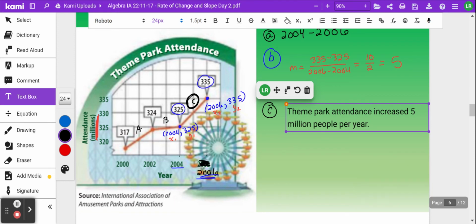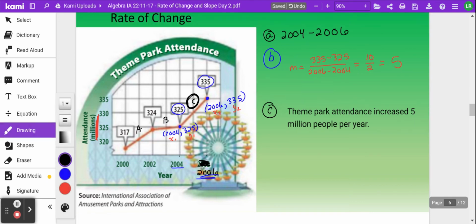The theme park attendance increased 5 million people per year. So you are going to see a problem like this on your quiz.